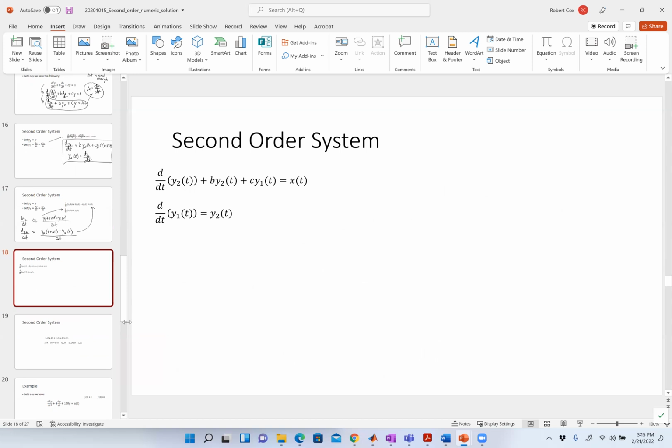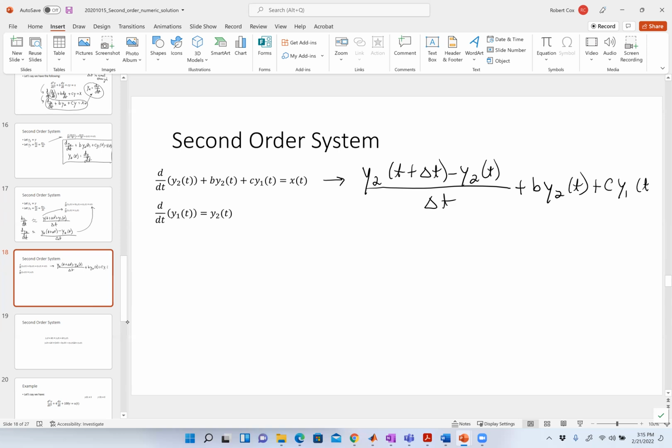So let's just make sure we understand what's going on here. So dy2 by dt becomes y2 of t plus delta t minus y2 of t all over delta t, plus b y2 of t plus c y1 of t equals x of t.